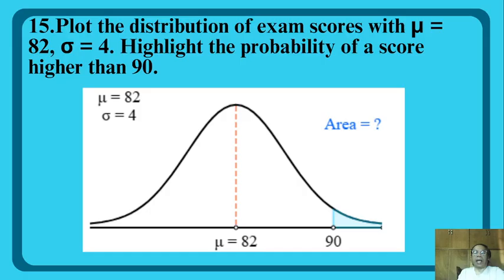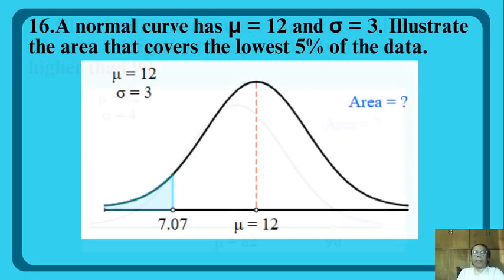And then looking for the 90 point, and then draw that area, which is the area higher than 90, and that is also the probability of a score higher than 90.